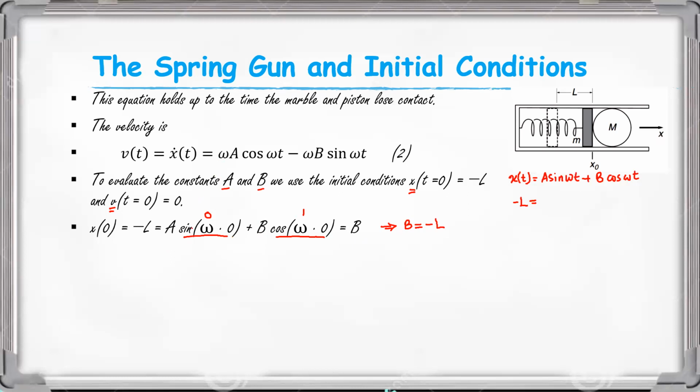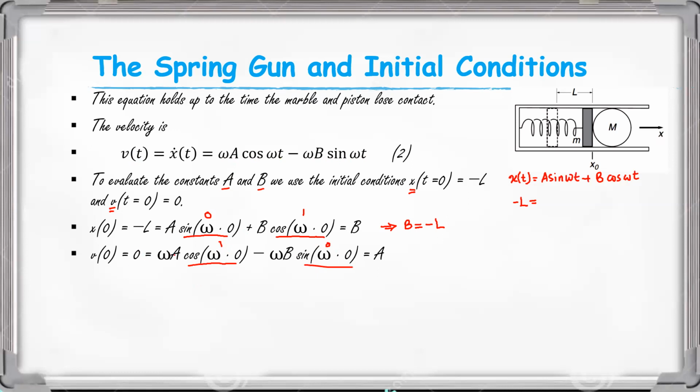Then to find the second constant, we substitute the initial conditions here. The initial velocity is 0. It is omega A cos omega 0 minus omega B sin omega 0. Here cos omega 0 is equal to 1 and sin omega 0 is equal to 0.